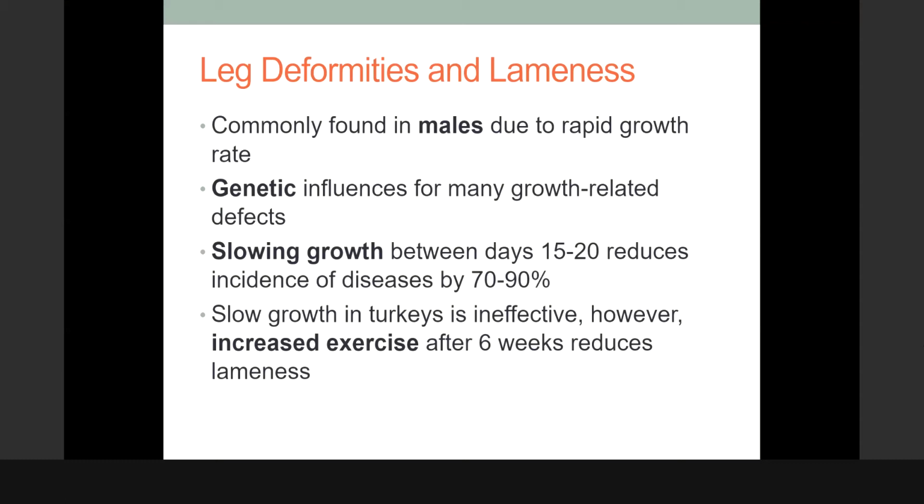Slowing growth between days 15 to 20, this is in broilers basically, reduces incidence of diseases by 70 to 90%. Not just broilers, all breeders as well. Slow growth in turkeys is quite ineffective. However, increased exercise after 6 weeks may reduce the lameness problem.